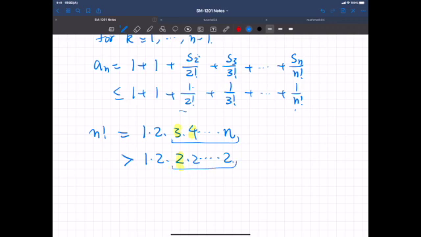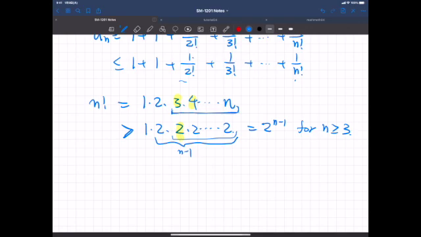So we have this inequality. There are in total n minus 1 2's, so this is equal to 2 to the power of n minus 1. Of course, this n should be greater than or equal to 3, because we need at least 3 here.